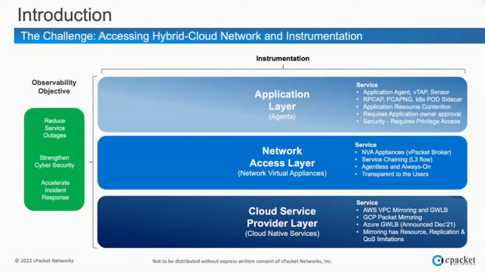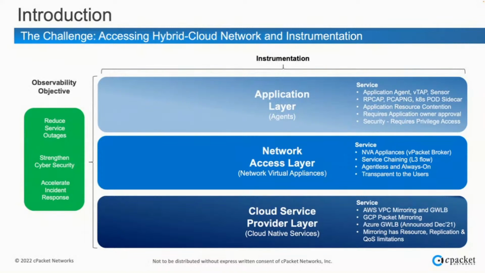The next layer down there is the network access layer provided by network virtual appliances. This is where the virtual instances and virtual machines, things like packet broker services, can be put into the service chain. These are agentless. These are always on and transparent to the users or the application owner.